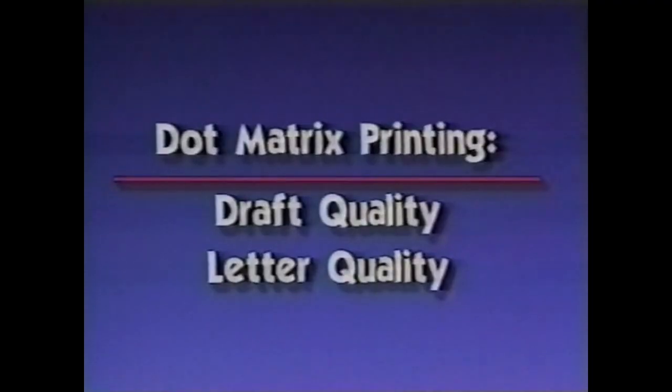One place the difference between the two printing styles really shows is in graphics. Letter quality allows you to draw pretty smooth curves. Draft quality gives curves and diagonals a staircase look.